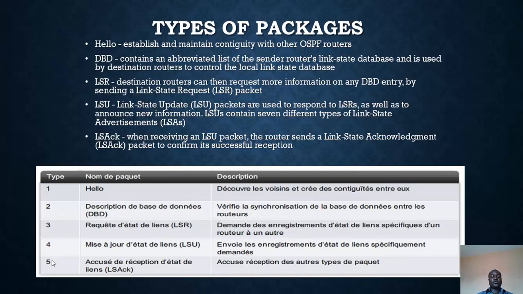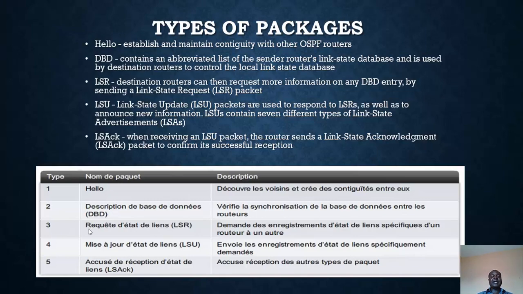And this is what will be described. We have type 1 up to type 5, and here we have the name of the packet and the description of what we find inside that packet. For example, the database description, that is the DBD. First of all, let us see the Hello. The Hello is the discovery of neighbors and the maintenance of adjacency among them. Here we have the database description to verify the synchronization of the database among the routers.